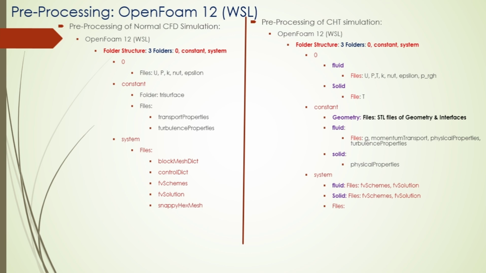Then a list of files are provided here, that is blockMeshDict, controlDict, and other files as in the normal simulation case. At the same time, if the case has to be run in parallel mode, we need additional files like decomposeParDict and so on. So depending on parallel or serial mode, and on the different models we are using, the list of files in these folders may be added.